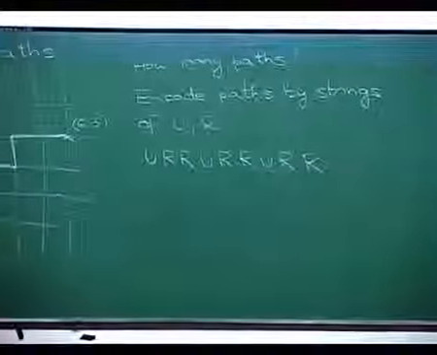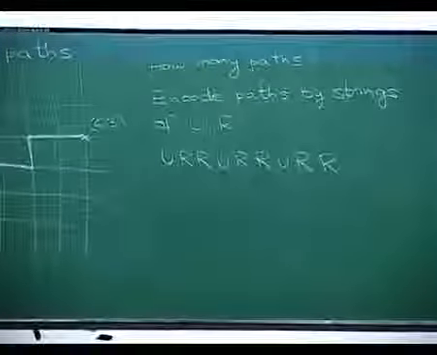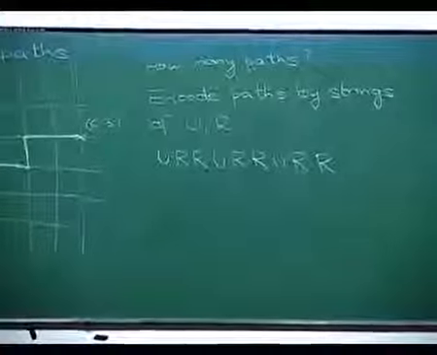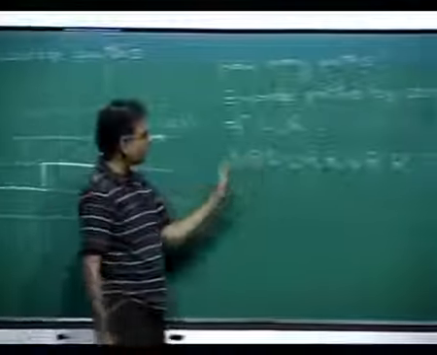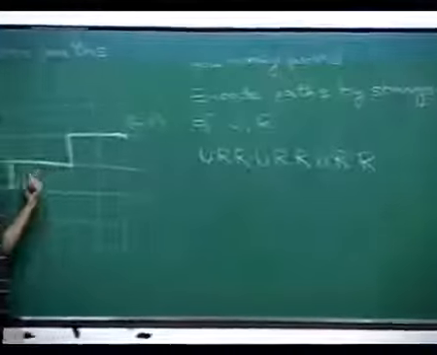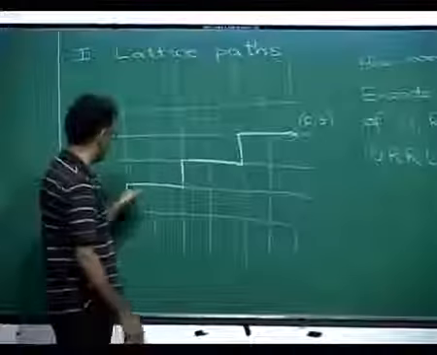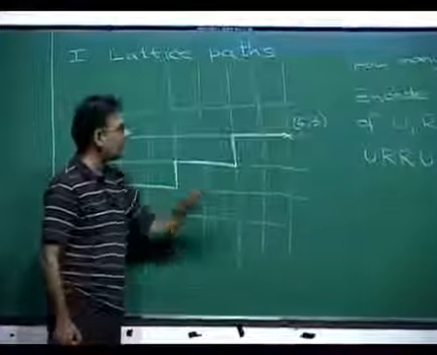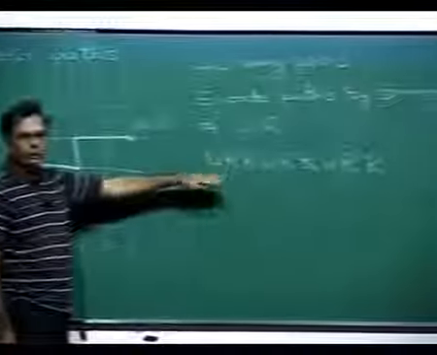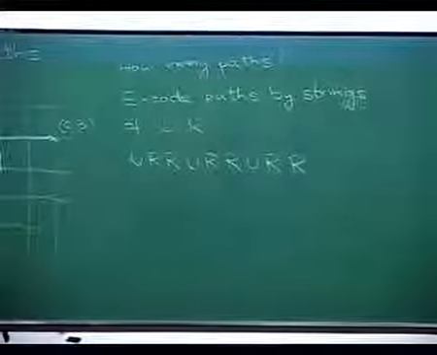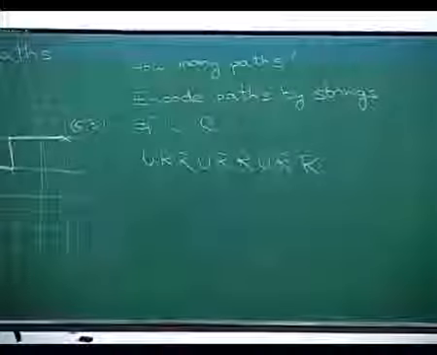Any path will be encoded by one such string. Essentially counting the number of paths means counting these strings. Once you have this string, you also have the corresponding path by following what it says, URR, URR, URR. So we have changed the counting problem to counting strings, which is a bit easier to do. So we would like to count those strings.